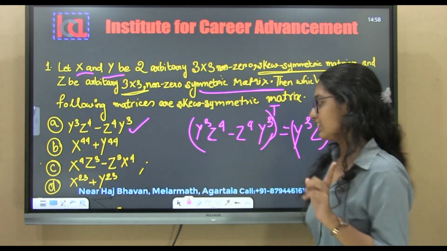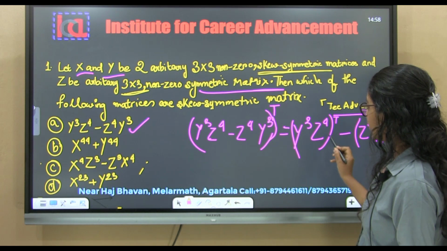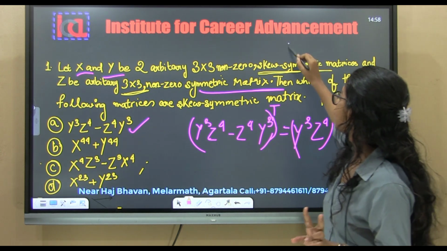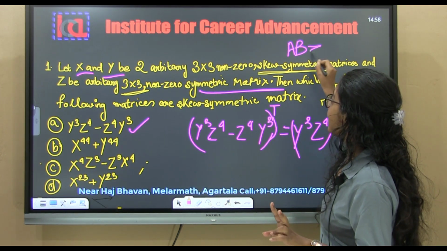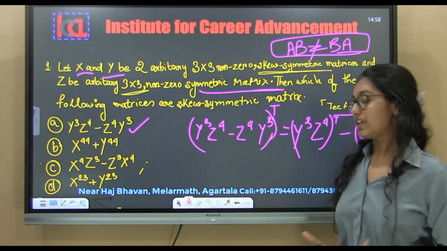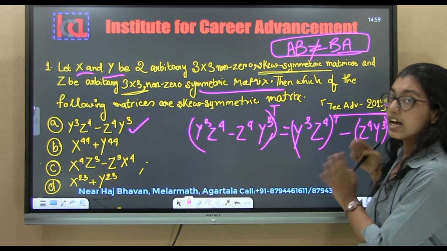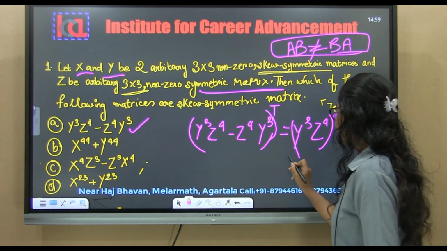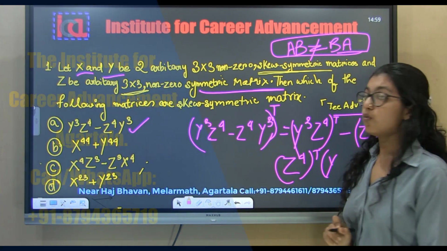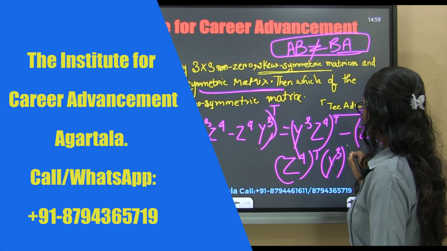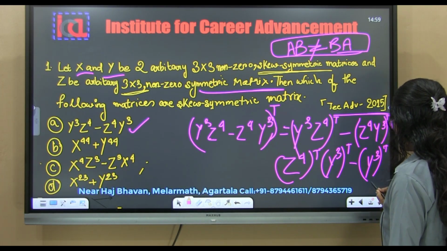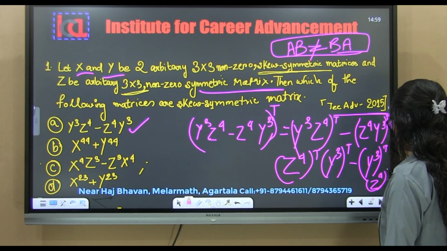So here we have to pay attention that when we transpose each and every matrix, we have to keep in mind one thing: A into B will never be equal to B into A. So this is one of the principal properties of matrices. Okay, so when we do the transpose of it, then Z will come first, like Z to the power 4 whole transpose into Y cube whole transpose minus, similarly, Y cube whole transpose into Z to the power 4 whole transpose.